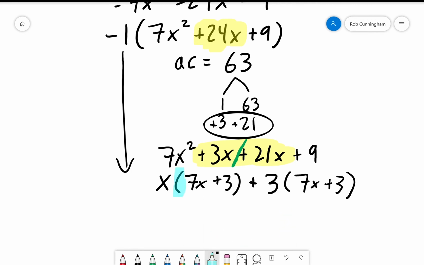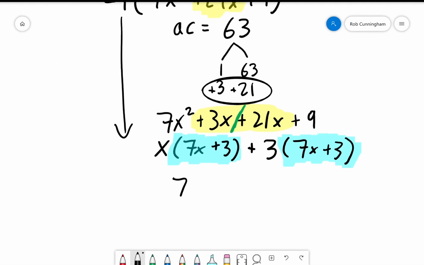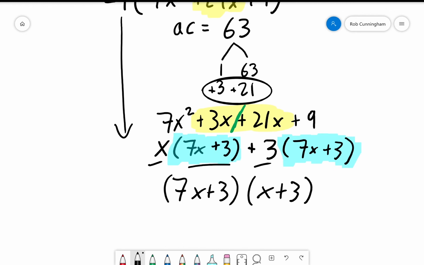Once again, we have matching parentheticals, so I factor it out. 7x plus 3 times what's left, x plus 3.